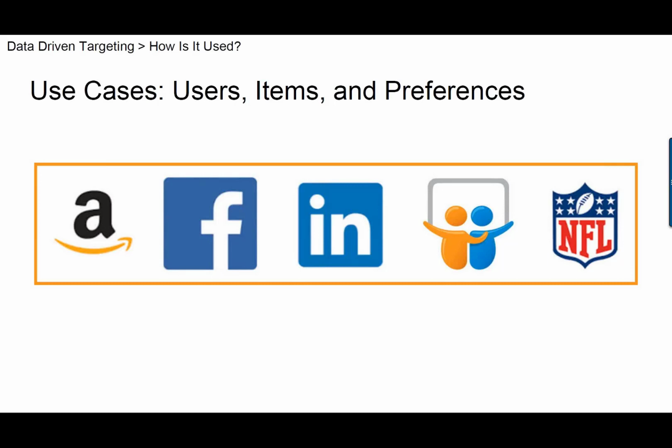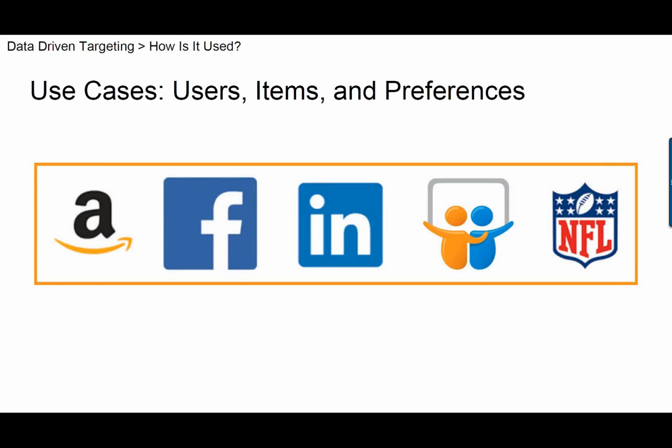To understand how recommender systems work, I think it's good to look at an organization and say, what are the users? What are the items that are being recommended? And what are the preferences or ratings? How do you go about determining how users feel or might feel about specific items?